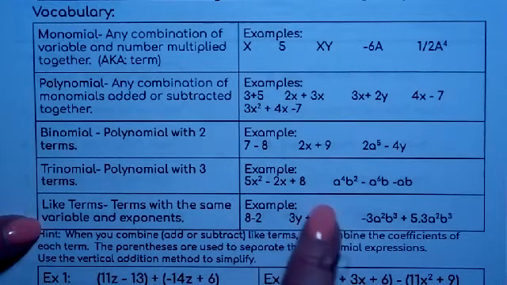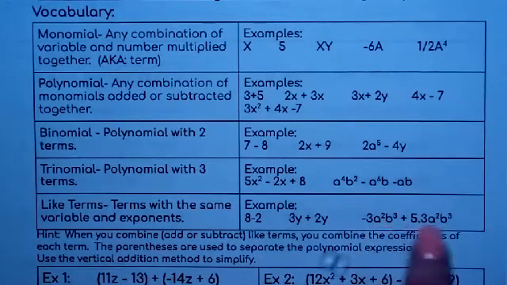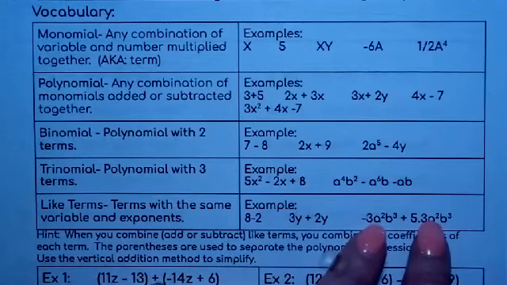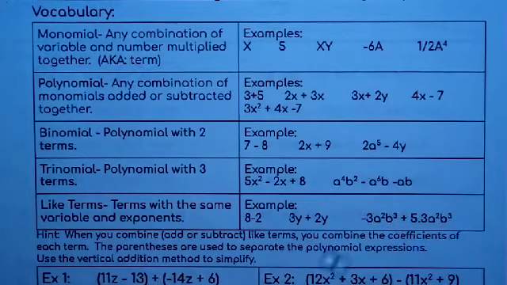This is what you started seeing in 6th and 7th grade when you were combining variable terms. But now we're going to move into having the exponents also. So just like we have A's and B's here, both A's have to have the same exponent and both B's have to have the same exponent before they're like terms.